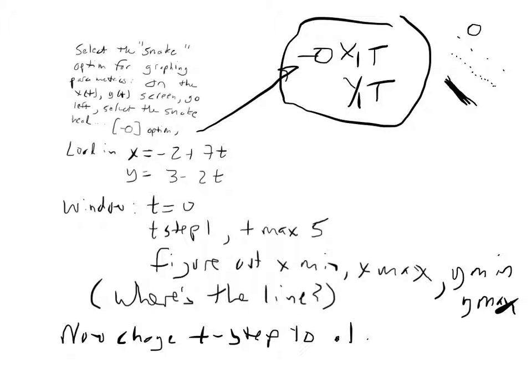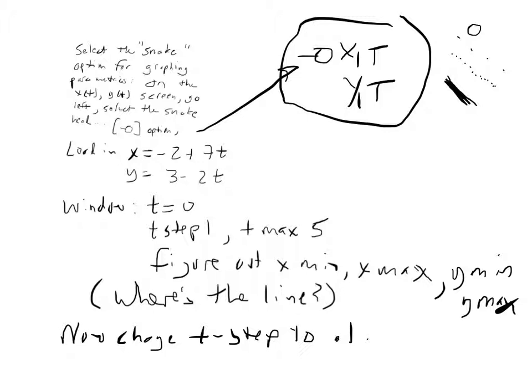What you're going to do now is want to graph this equation here that you've got, and to do that, you want to hit the window button, and you want to set up a good window and a good t-step to see your graph be traced out. So let's say we start at t-min is 0. We'll start with a t-max of 5, and a t-step of 1 to start with.